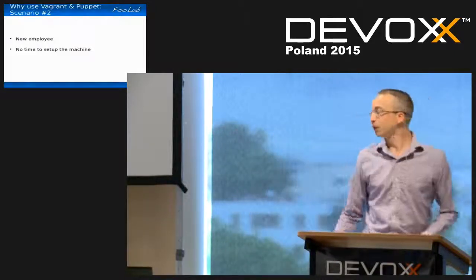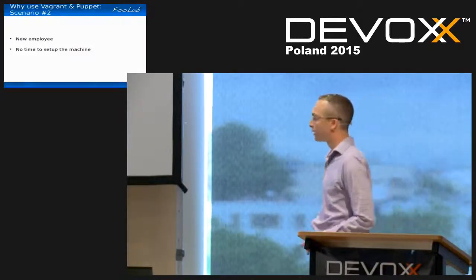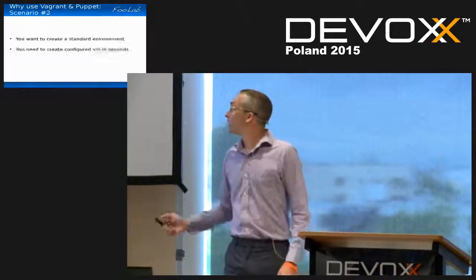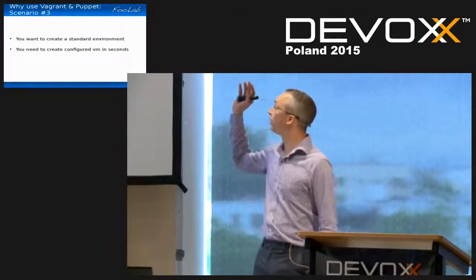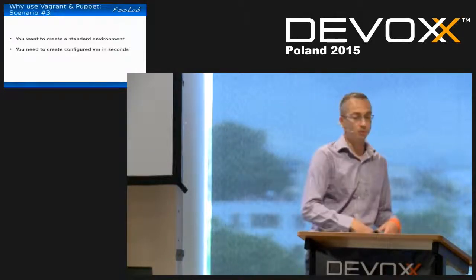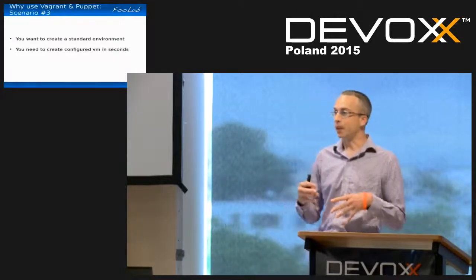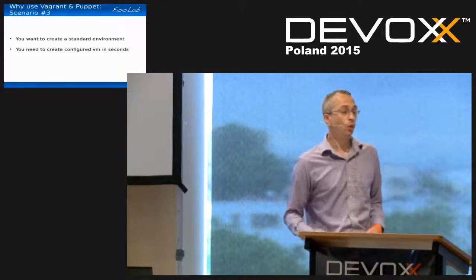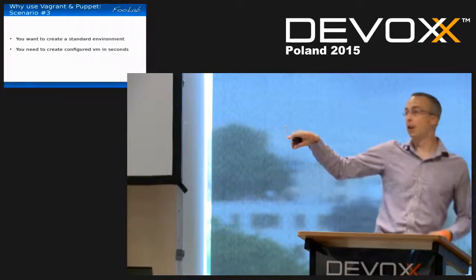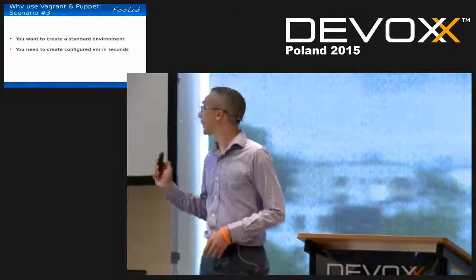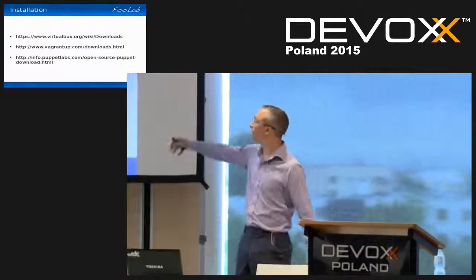So you want to automate that process so it only takes a couple minutes, maybe 1 hour, to set up the whole machine. The other scenario is you want to standardize your environment: your development, staging, and production environments. And when you have peaks of traffic, you want to be able to spin up virtual machines very quickly.